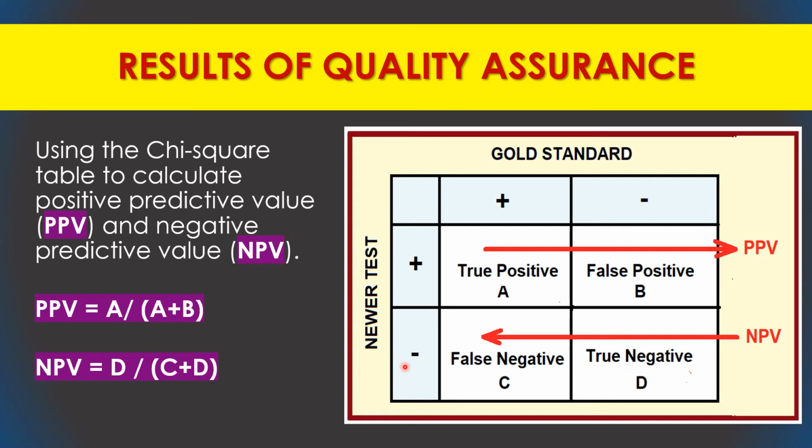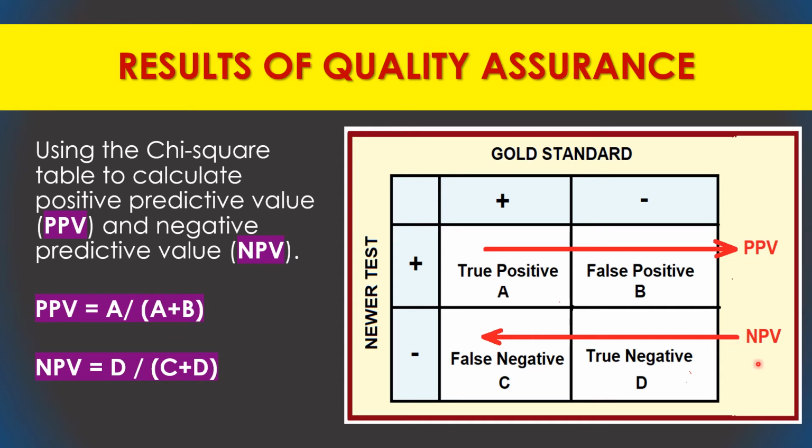I will see the ratio between the true negative among all the negatives by the new test, and we have what we call here the negative predictive value. I mean that this test is good in predicting the negative persons. They do not have the disease, and the test says yes, they do not have the disease.